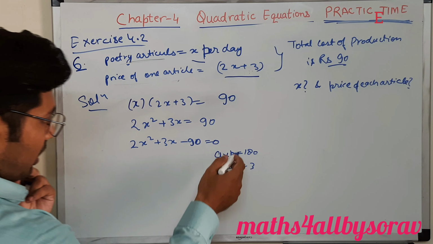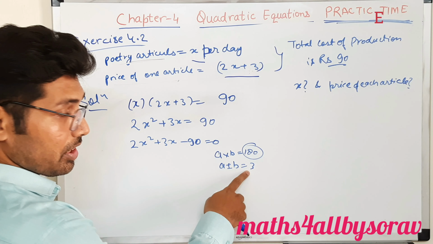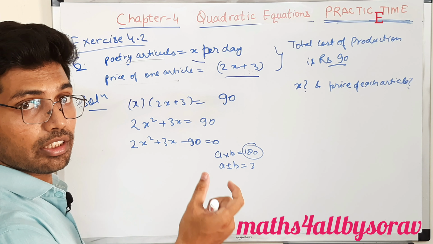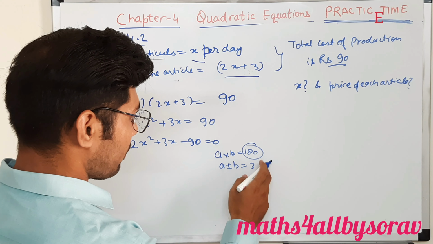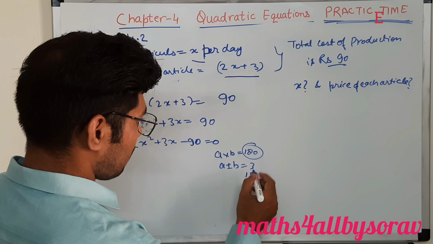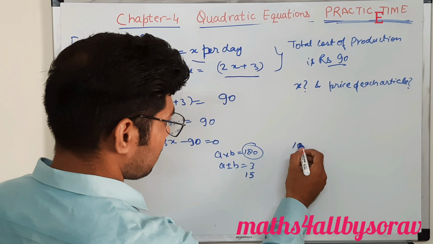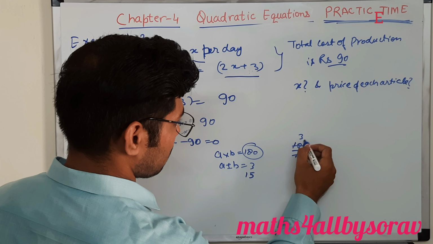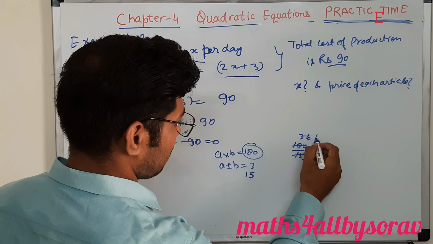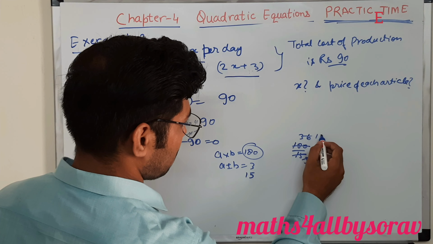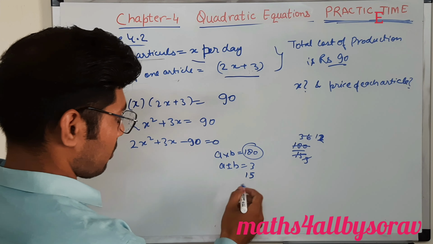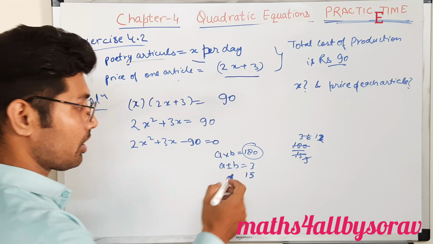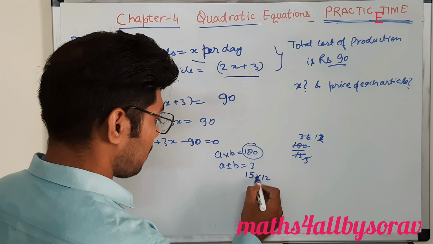Since the difference is very small, we need to take closer numbers, like 15 and 12. 180 is divisible by 15, right? And you can also see the difference is 3, right? So the numbers will be 15 and 12.